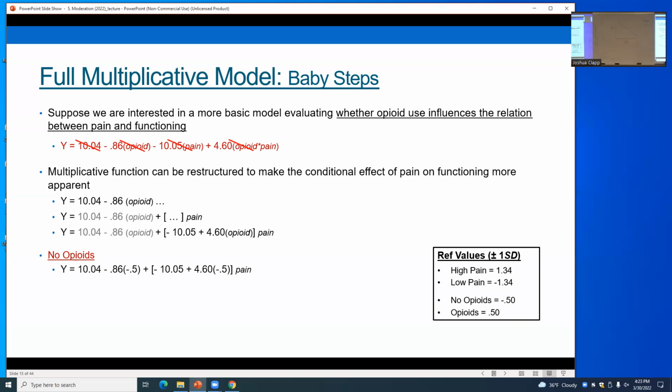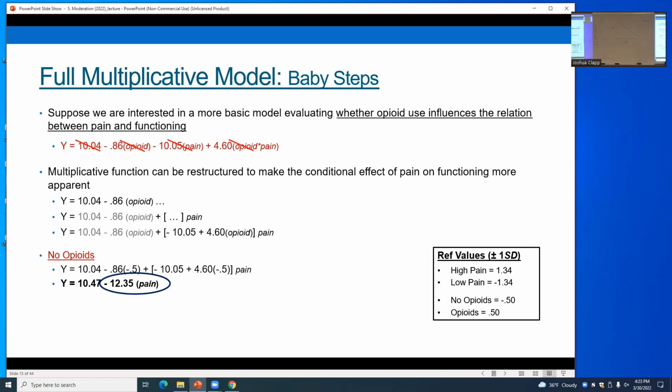I take my restructured equation, and whenever there's opiate use, I know that no opiate use is negative 0.5, so I drop in negative 0.5. Then I run that math out, and I get an effect of negative 12.35, right?